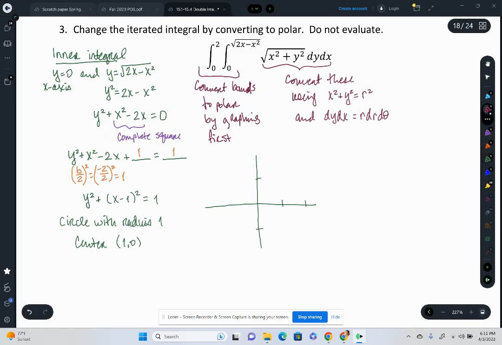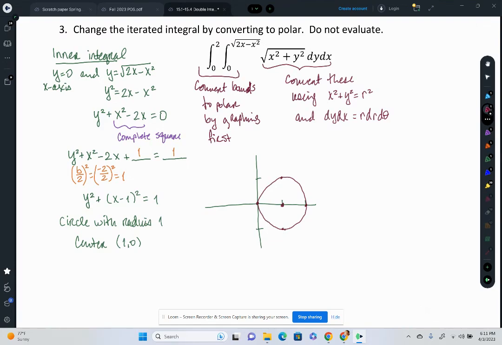So my center is over here at 1, 0. I have a radius of 1, so I need to go out by 1 in 4 directions in order to get points on the circle's edge. Remember, the center is not actually part of the circle, but it helps us get where we need to go when drawing it. So now if I connect all these values on the edge of the circle, here is my circle.